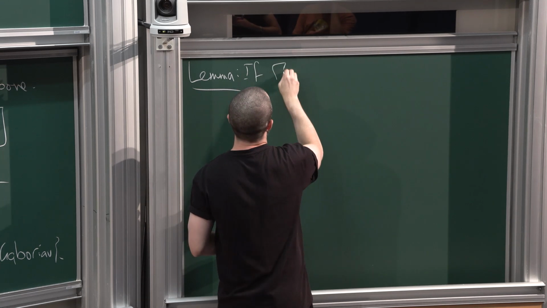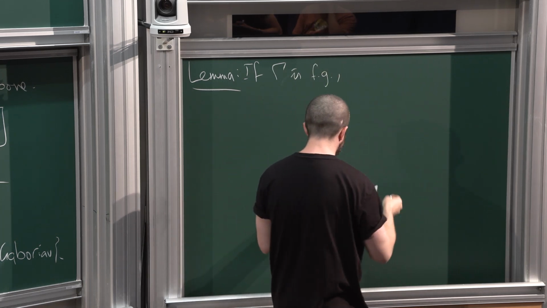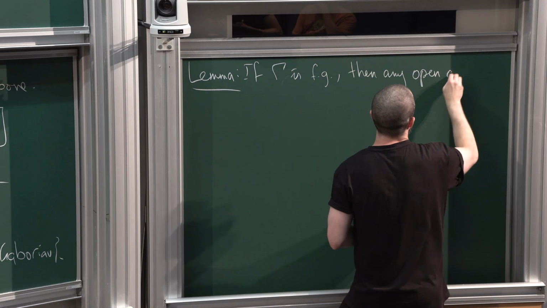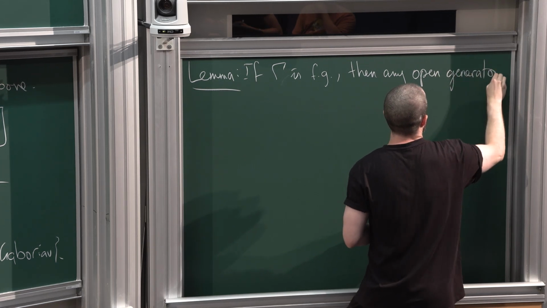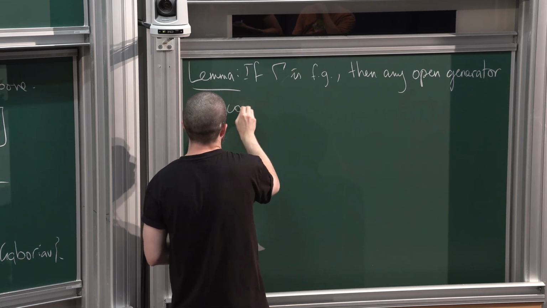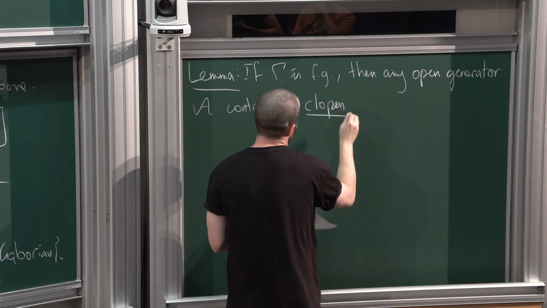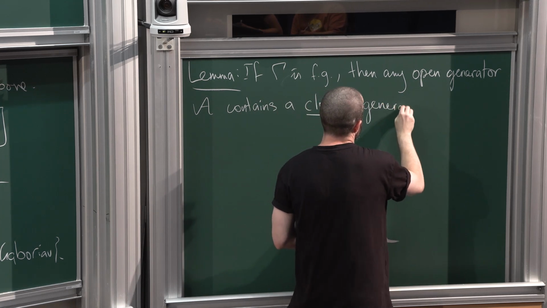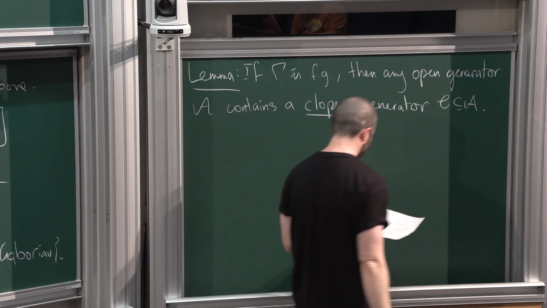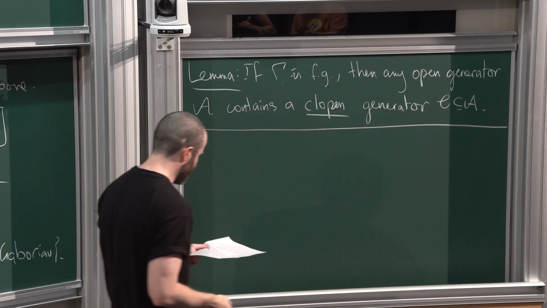If gamma is finitely generated, then any open generator A contains a Clopen generator C. Okay. This will be quite an easy lemma to prove.